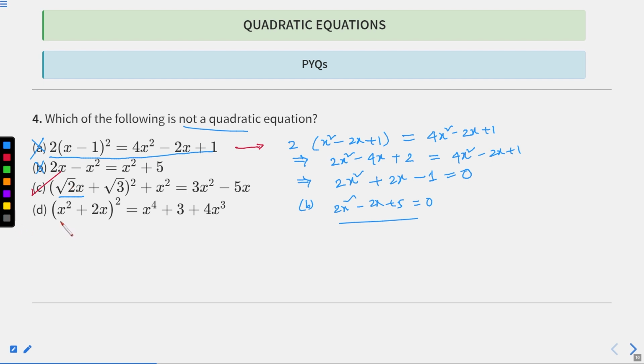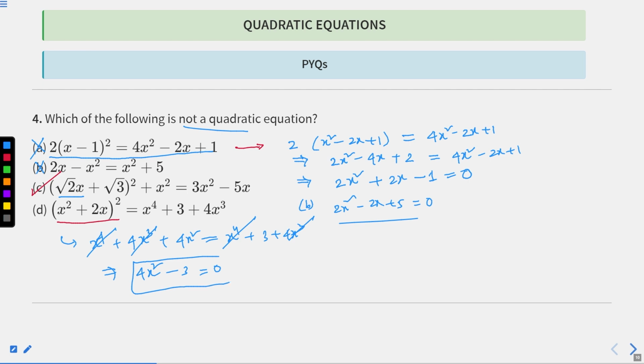And if we check option number D, here you can simplify this option as x to the power 4 plus 4 times x cube plus 4x square, which is equal to x to the power 4 plus 3 plus 4x cube. Here x to the power 4 and x to the power 4 cancel out, 4x cube cancel out, so basically you will get 4x square minus 3 equal to 0.